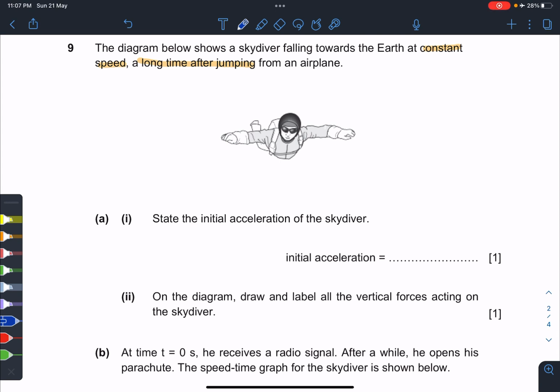So the main thing that's accelerating is actually your 10 meter per second square, which is essentially your g. What are the forces here? So from the middle downwards, this is your weight.